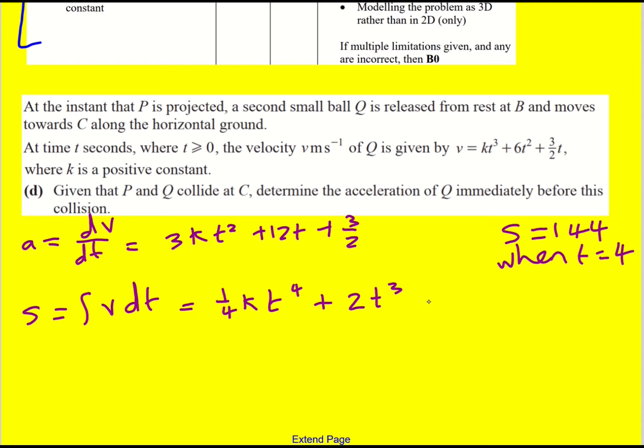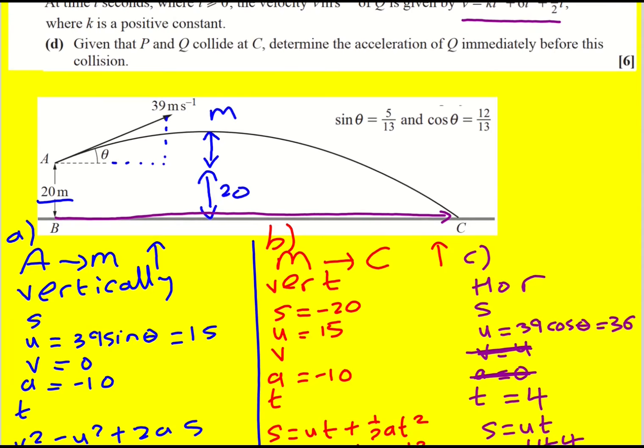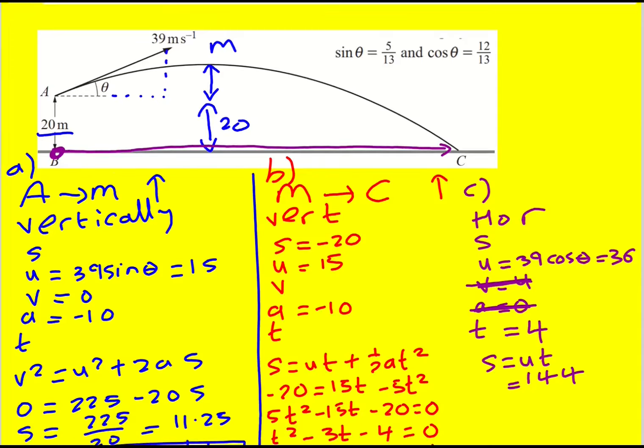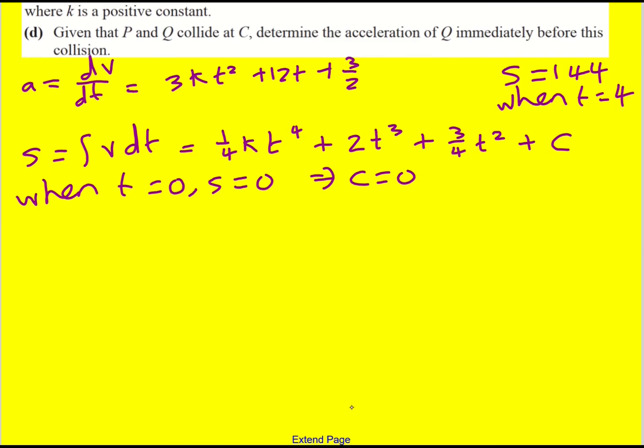We get 2t cubed plus 3 quarters t squared, plus c. I've now got two constants, which seems to have complicated it. But there's another piece of information: they're both starting from B at the same time. So when t equals 0, s equals 0, and that means c is 0. Okay, that one's sorted.